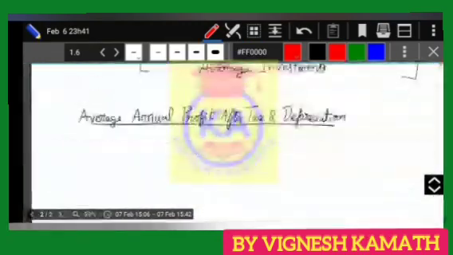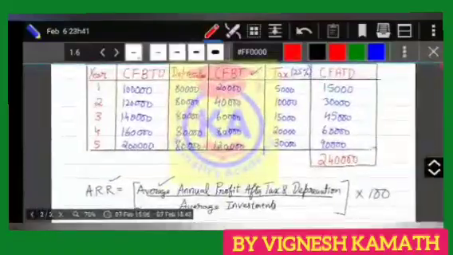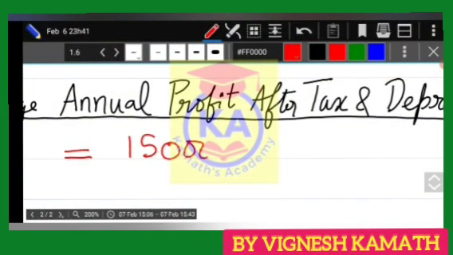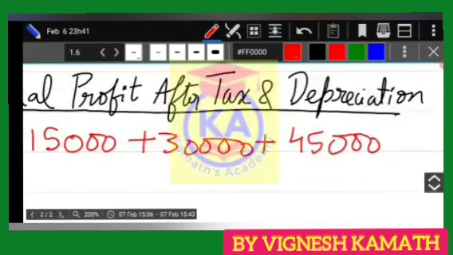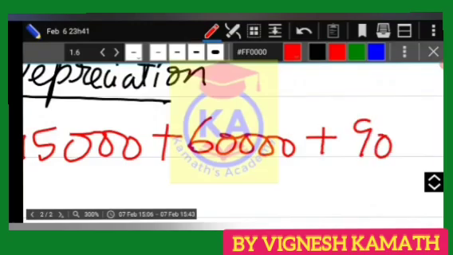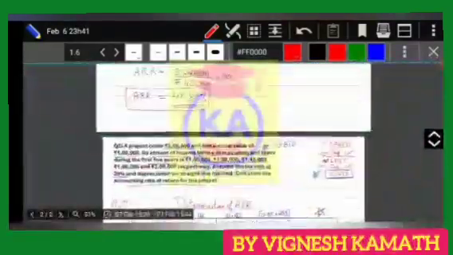Look at this. 15,000 plus 30,000 plus 45,000 plus 60,000 plus 90,000 divided by 5 years, right?